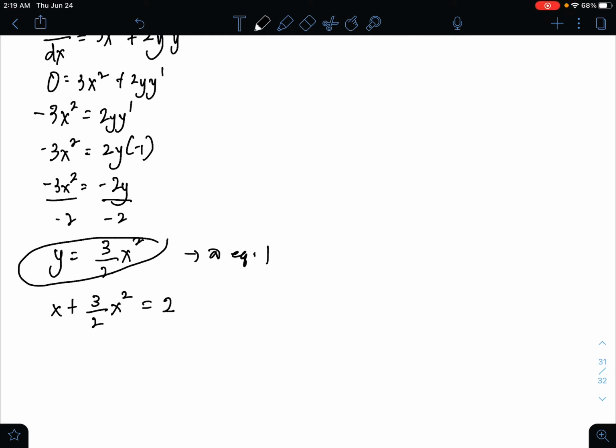So, 3 halves plus 1, let's see, this is where it gets difficult. Multiply both sides by 2.